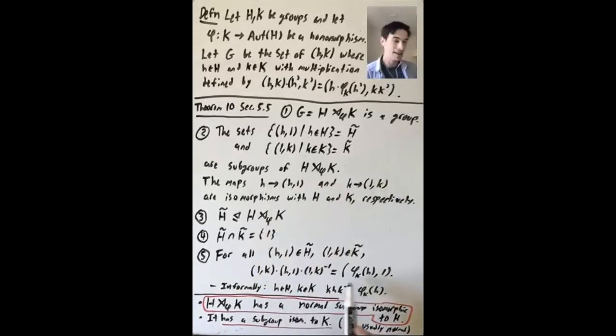So this is the sense in which the semidirect product is abstracting this idea of the multiplication in the product H times K involving K acting on H by conjugation, which is an action via automorphisms of H.